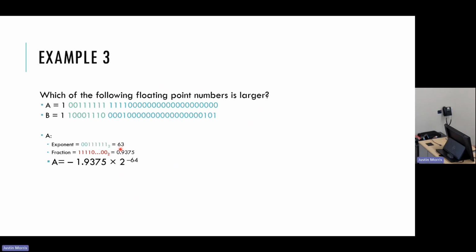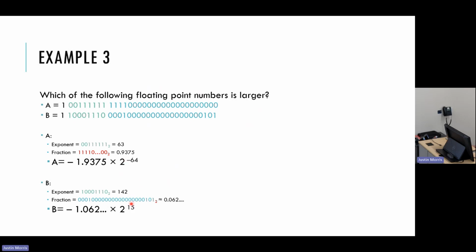We subtract 127 from 63, and we get negative 64. We can ignore the fraction part for now. But for B, our exponent is 142. When we subtract 127 from it, we get that the exponent is 15.